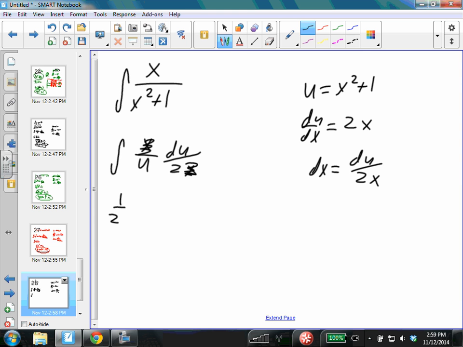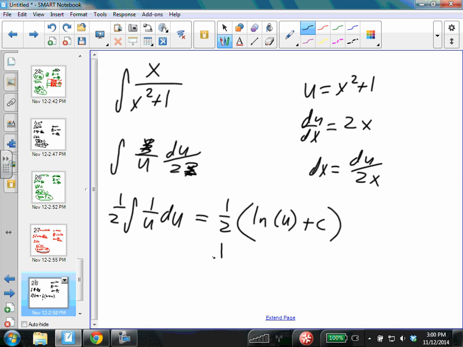So 1/2 times the integral of 1 over u du. So that's 1/2 times, and what's this? The integral of 1 over u du? Natural log of u plus c. So 1/2 natural log of x squared plus 1 plus our constant. Yeah.